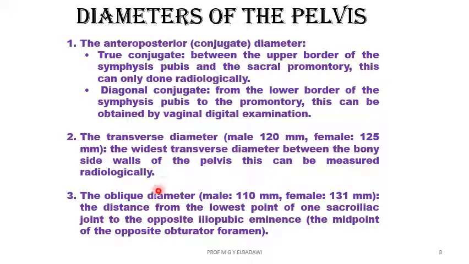The oblique one, again 110 in male, 131 in female, is between the lowest point of the sacroiliac joint and the opposite iliopubic or iliopectineal eminence, which is the midpoint of the opposite obturator foramen roughly. These are the diameters of the pelvis.